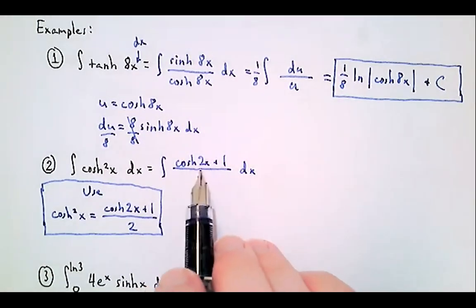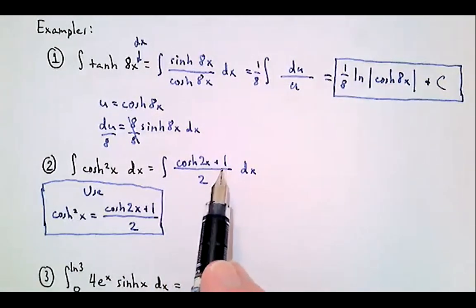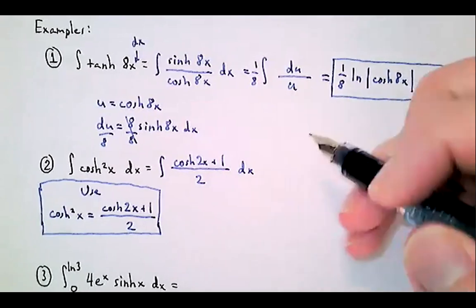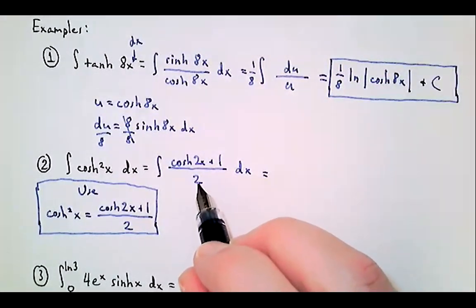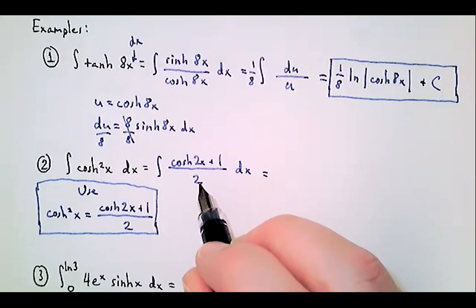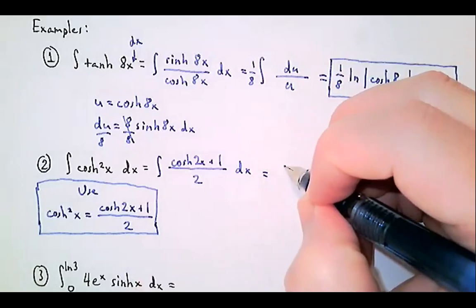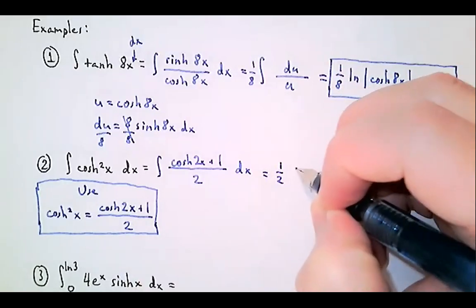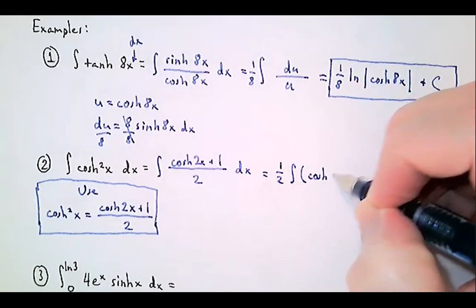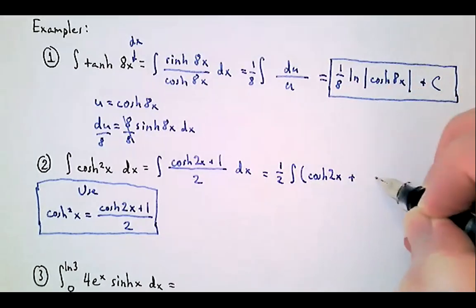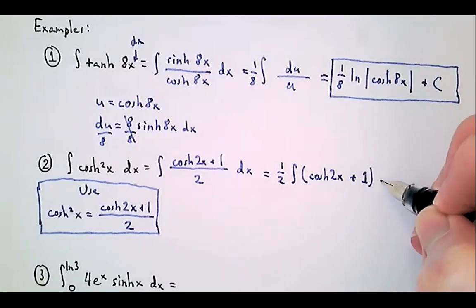And then for this integral, since we have one function plus another thing, we're going to want to break this up into pieces and probably move this constant to the front. So here we have over 2 for the inside. Let's move that 1/2 to the front. And then we can see that we have a cosh of 2x that we need to find an antiderivative for, and also the constant 1.